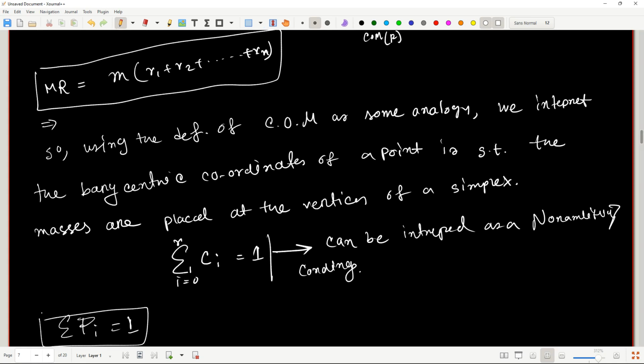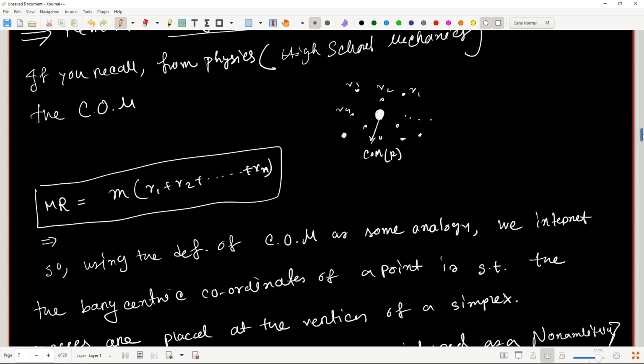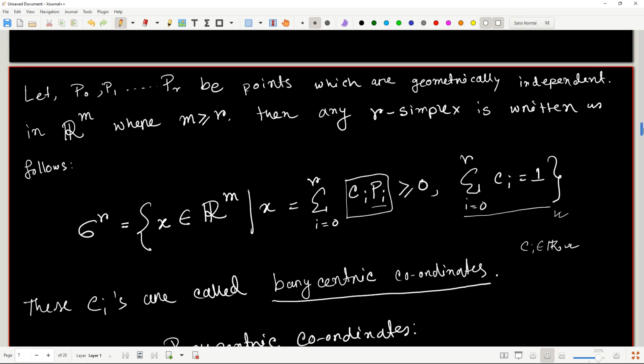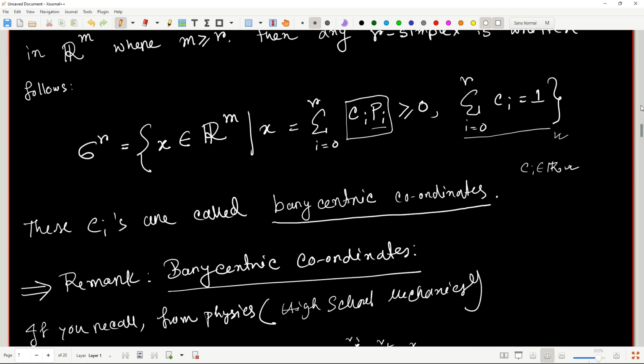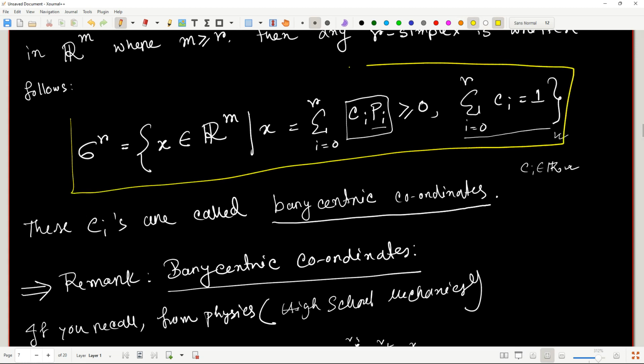So that can be interpreted as a normalizing condition. This is just a constraint that you can put there. But all this is for your information only. It will not concern us very much. So the takeaway is the definition of the simplex and how we can actually build these things up.